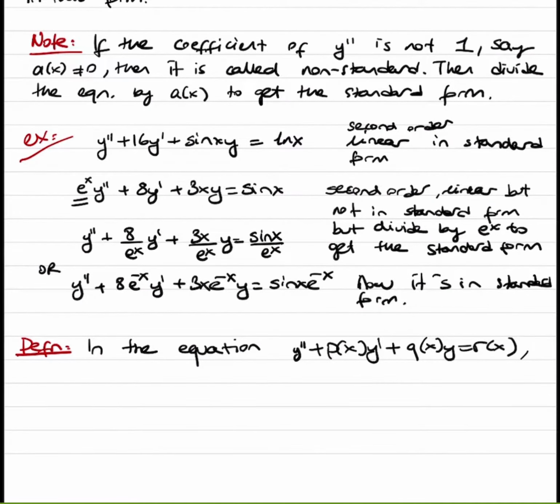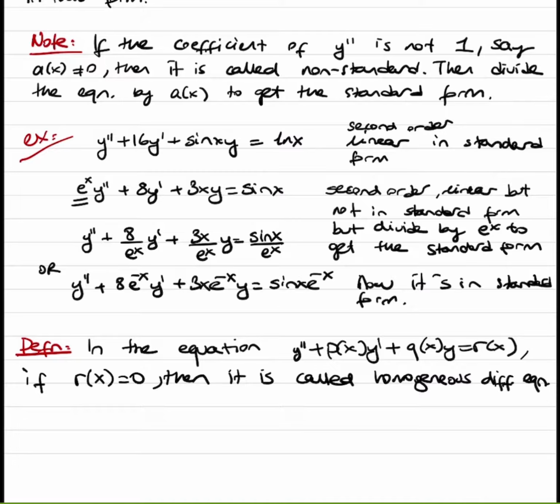If r of x is equal to 0, then the equation is called a homogeneous differential equation. If r of x is not equal to 0, then it is called non-homogeneous.